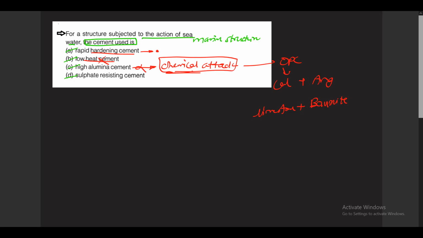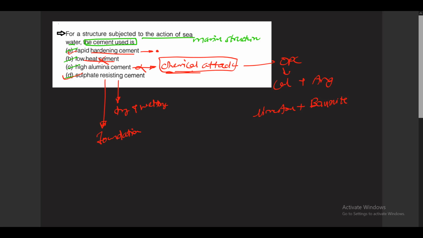And the last one is the sulfate resisting cement. This is the correct option. Between option A and option D, option D, the sulfate resisting cement, has more resistance. When a structure is subjected to alternate drying and wetting, the sulfate resisting cement behaves best compared to the other cements, which may also be the case for a foundation in contact with soil.